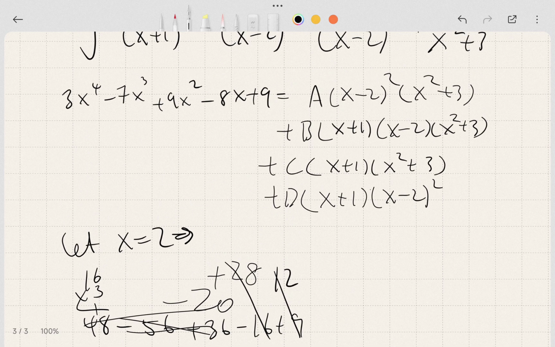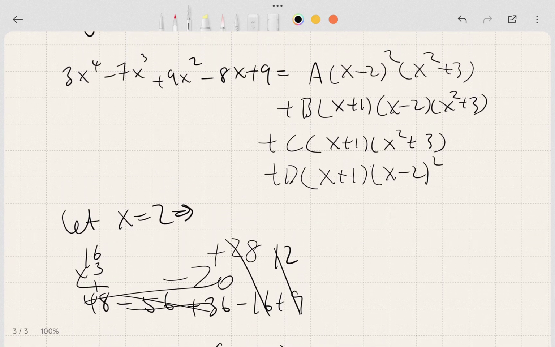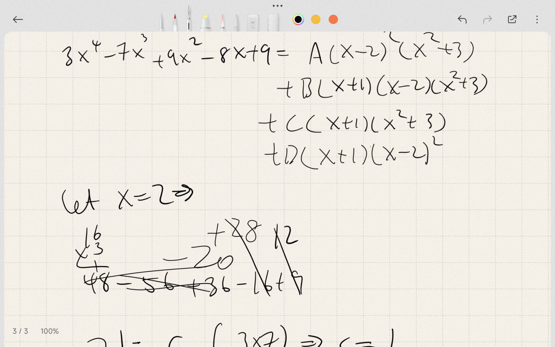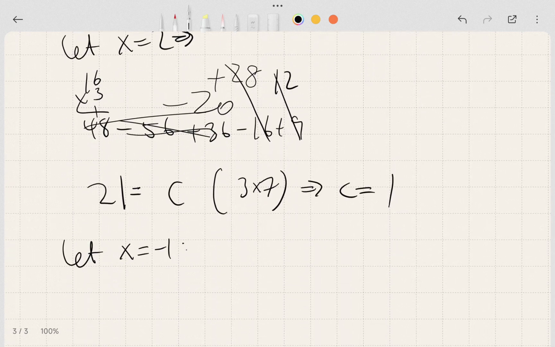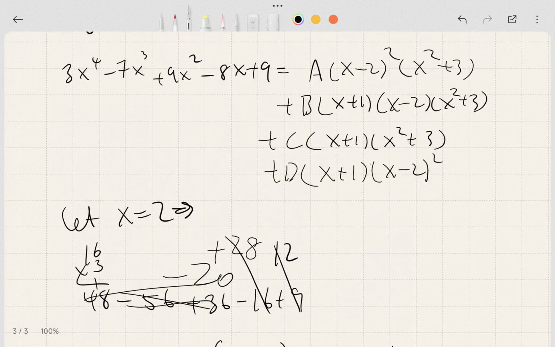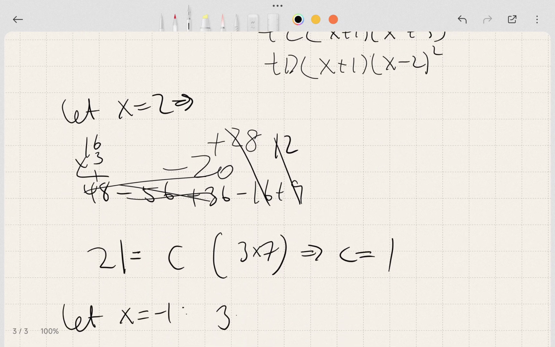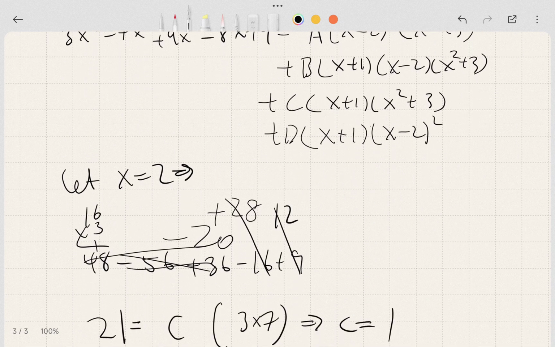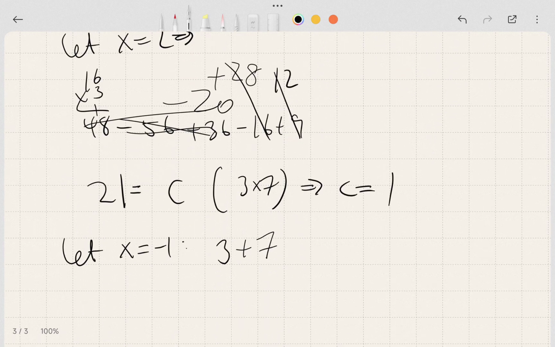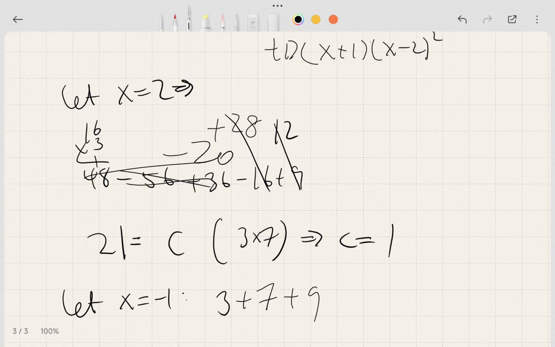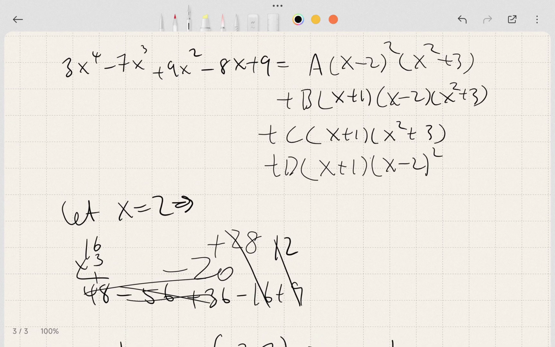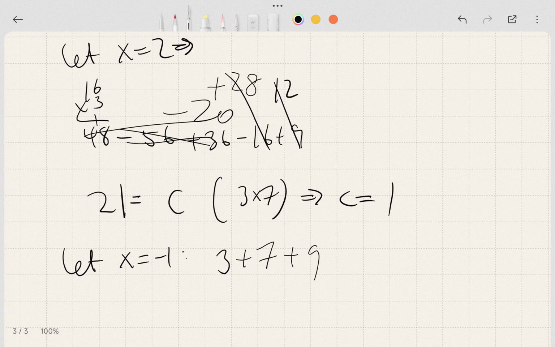Then we let x is equal to minus 1, and apply that to the formula above. So that's going to be 3 plus 7 plus 9 plus 8 plus 9.